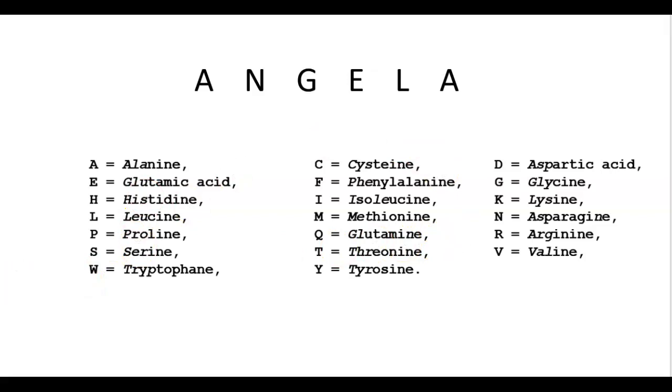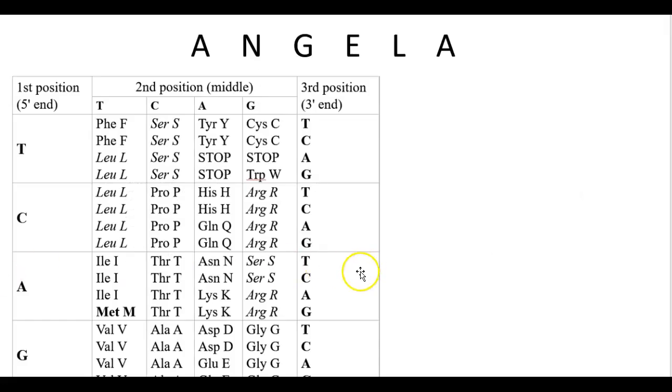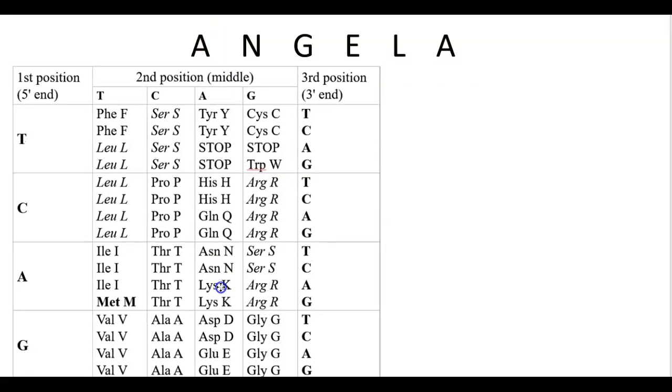How are we going to do that? Well, we can use our genetic code and our code table to do exactly this. So we have an A in the first place here, that is alanine. Now we need to find in our code table where we have this amino acid A. And we see we've got this here, ala, we've got the A's down here.